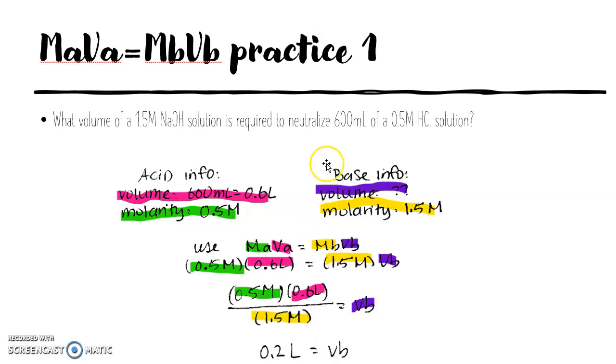So if you think about that, this is less concentrated. This is more concentrated. Okay, we should need less than 600 milliliters to neutralize that acid. Because this is more concentrated, it's going to have more hydroxides per unit volume. And so that actually confirms your answer. It's less than 600 milliliters.